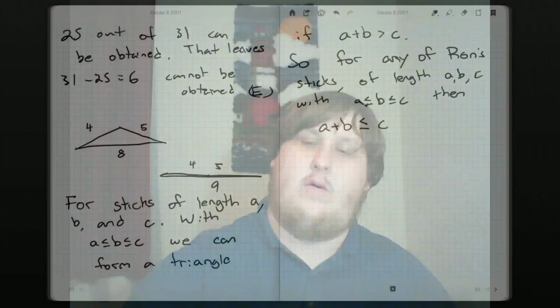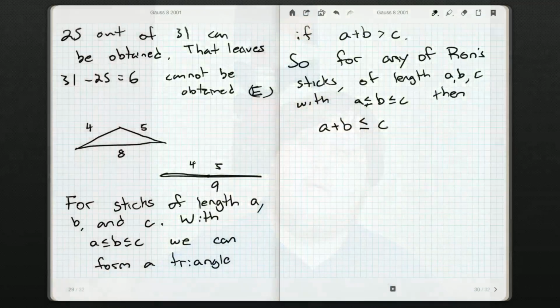Ron has 3 sticks, and no 3 of which can form a triangle. What's the shortest possible length of the long side? So let's solve that smaller case, see if we can learn something, maybe build onto it, maybe add in a 4th stick afterwards, and see if we can work our way up to 8 sticks. Okay? That's always a good idea. Reduce the problem, make the numbers a little nicer, but still retain the essence of the problem.